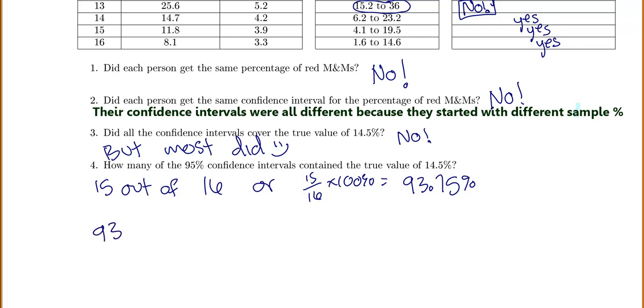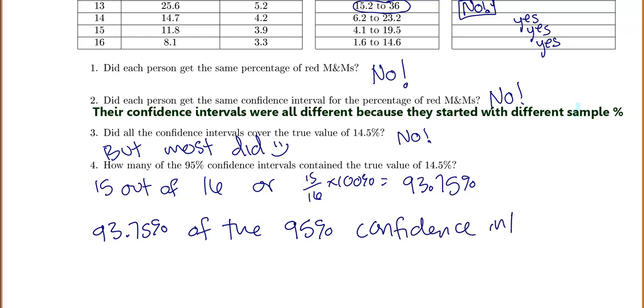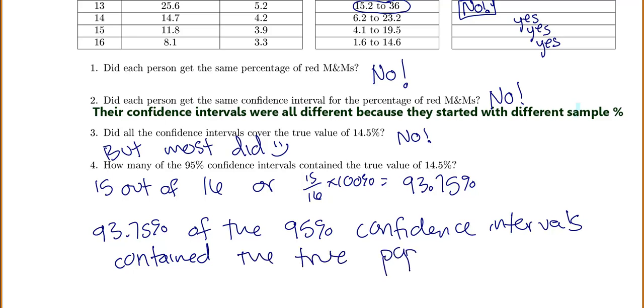So 93.75% of the 95% confidence intervals contained the true population percentage.